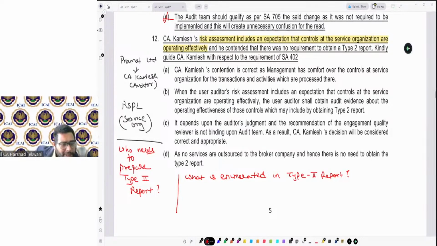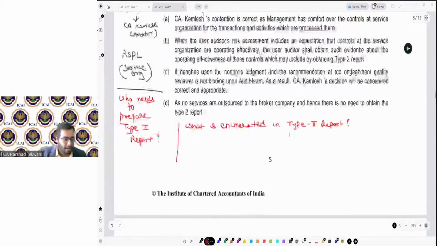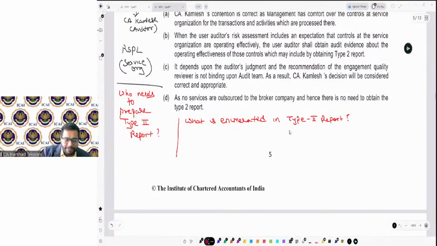See, when I talk about type 1 report, basically, type 1 report contains a description prepared by management of the service organization's systems, control objectives related to the controls, and that they have been designed and implemented at a specified date.